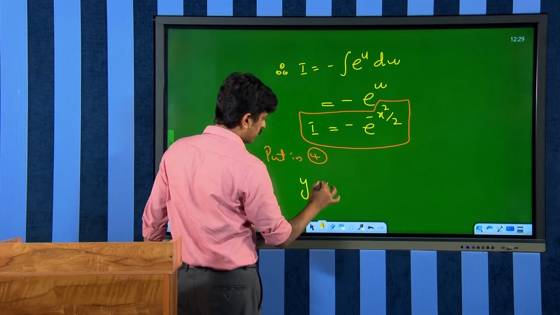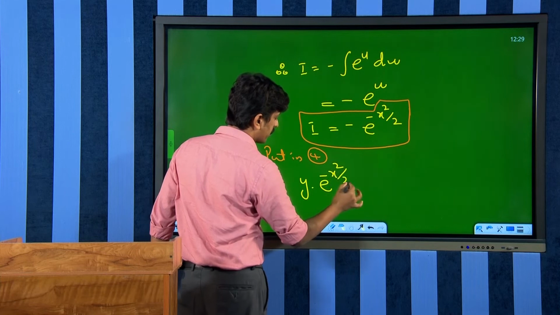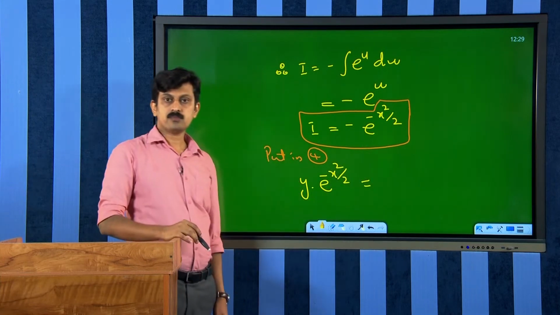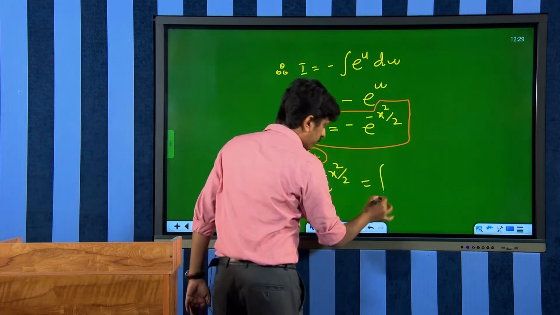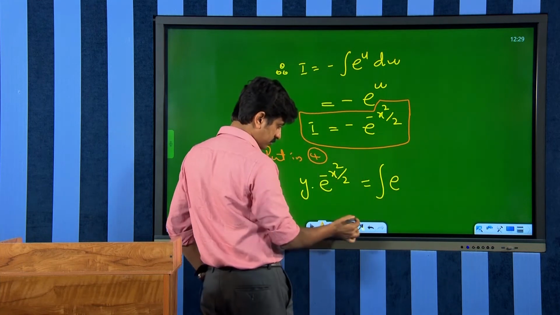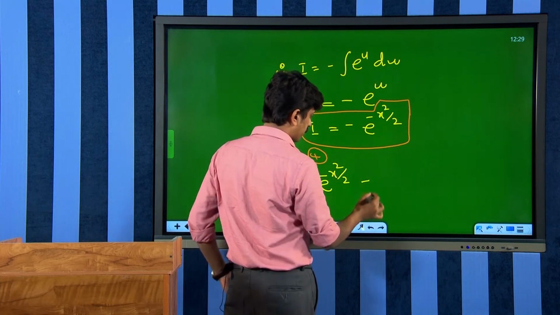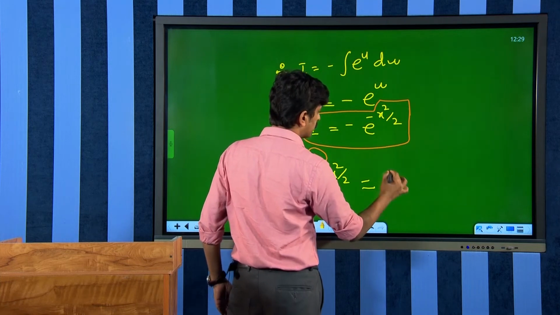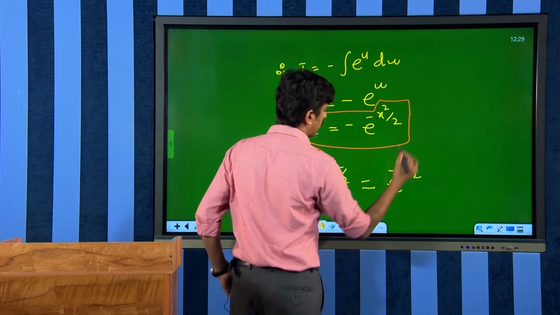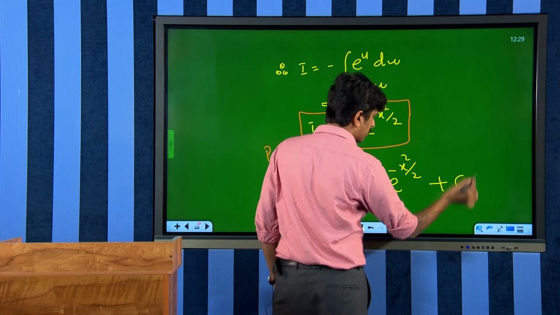y into e raised to minus x square by 2 is equal to, sorry, instead of integral we found the value as e raised to minus x square by 2, plus the constant of integration.